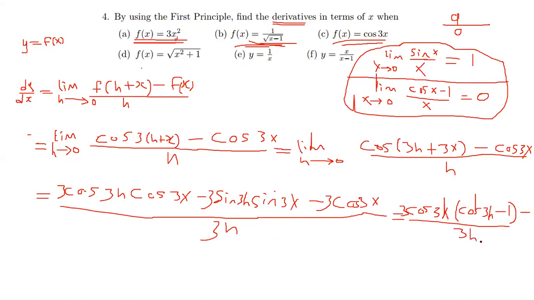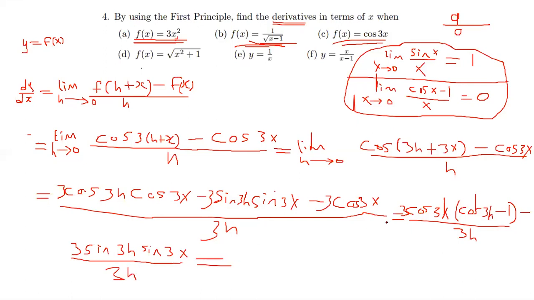This minus there is this minus here, so I'll proceed and then I'll say 3 sine 3h and then sine 3x, and then everything divided by 3h.